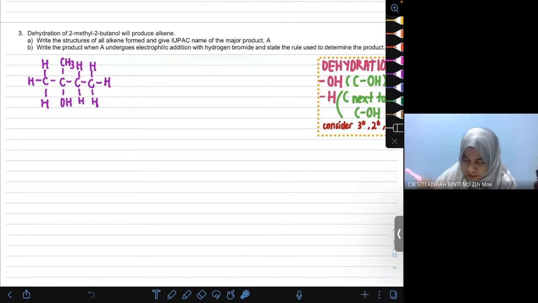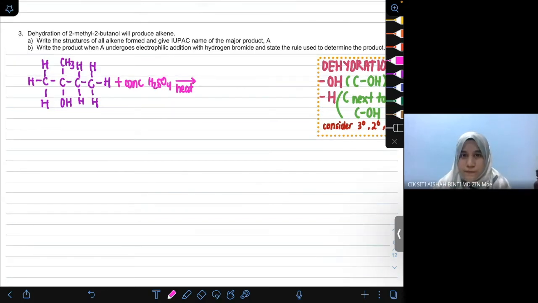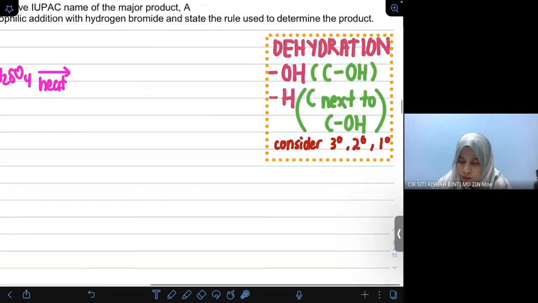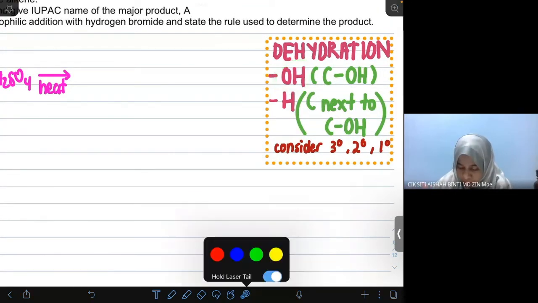The reactions of alkene are a bit many. So we react it with concentrated H2SO4 and it must be with heat. So what happened here for the reaction? For the dehydration, first we have to remove the OH from the carbon containing the OH itself.